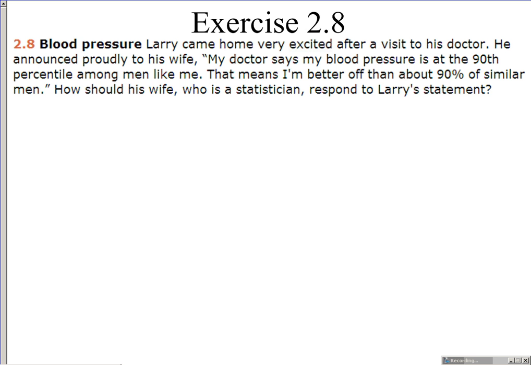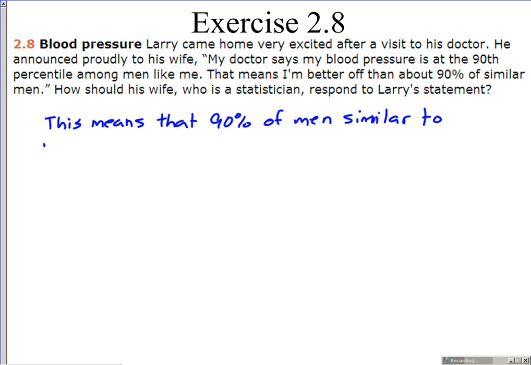Well, when we're talking about percentiles, remember a percentile tells you how many are at or below your level. So him being in the 90th percentile for blood pressure means that 90% of men similar to Larry have the same or lower blood pressure than he does.